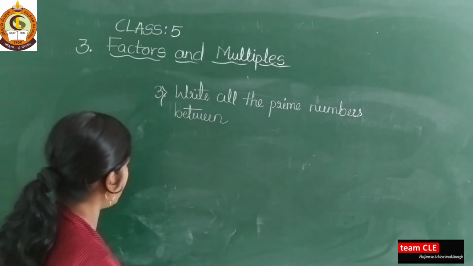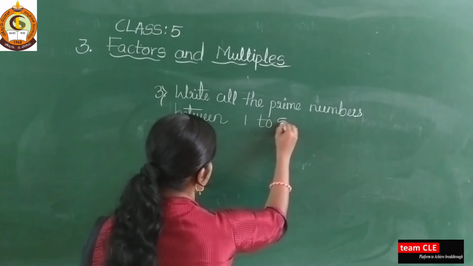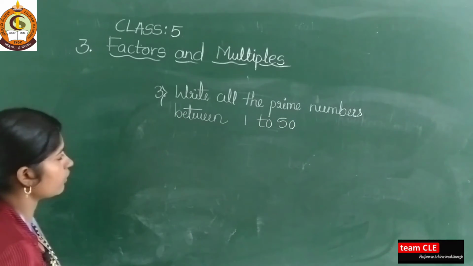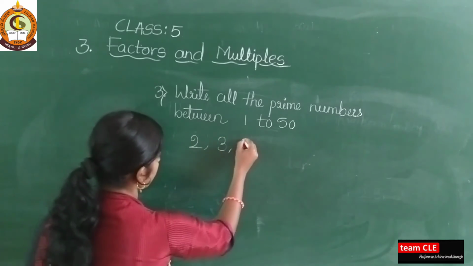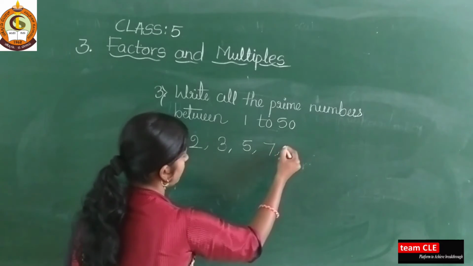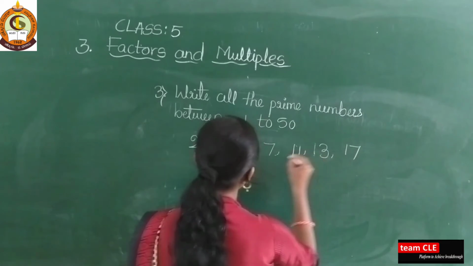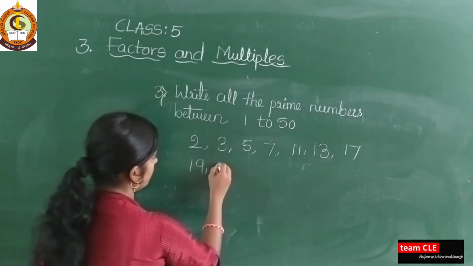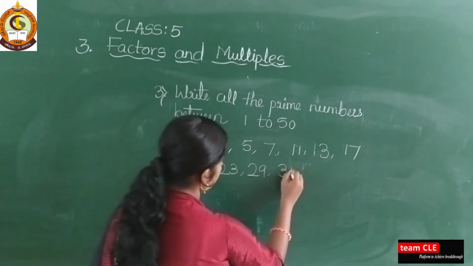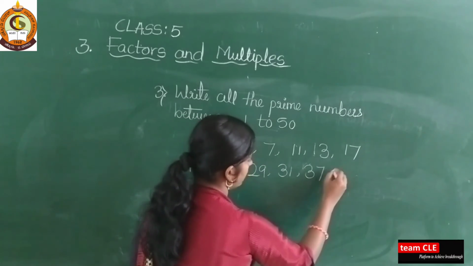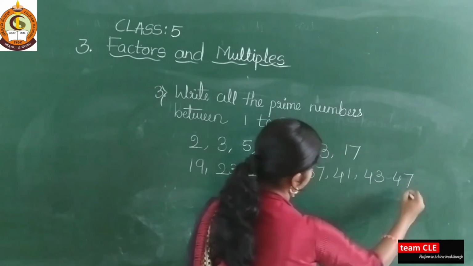Write all the prime numbers between 1 to 50. So see here, all the prime numbers between 1 and 50 are 2, 3, 5, 7, 11, 13, 17, 19, 23, 29, 31, 37, 41, 43 and 47.